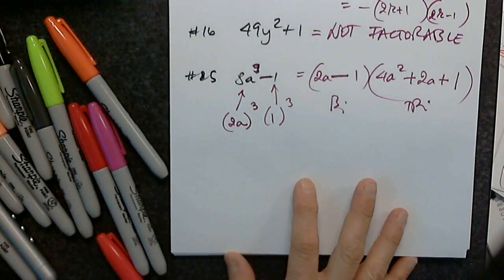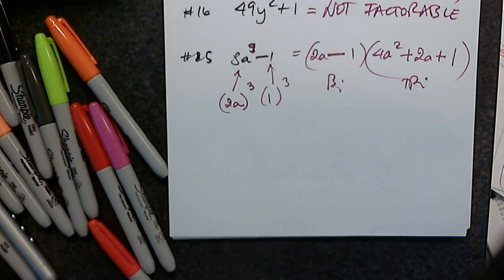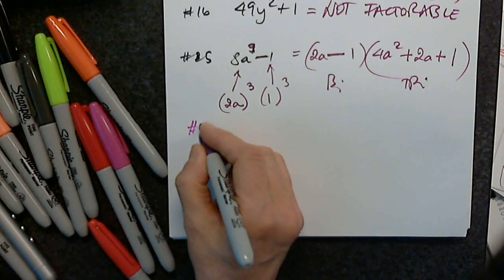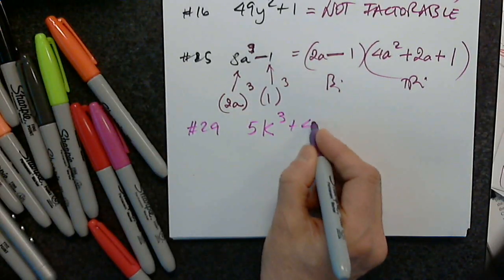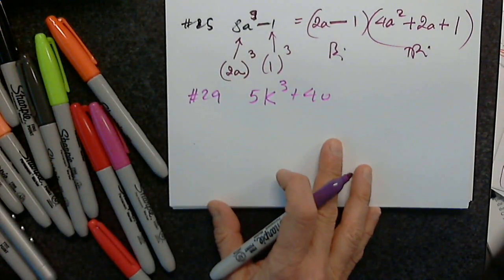We'll have more examples. You'll feel better in a couple of minutes. Okay, ready? 29. 5k to the third plus 40. Please start working on this.